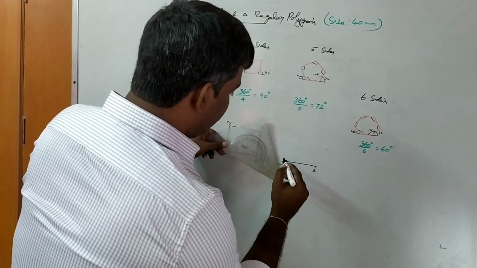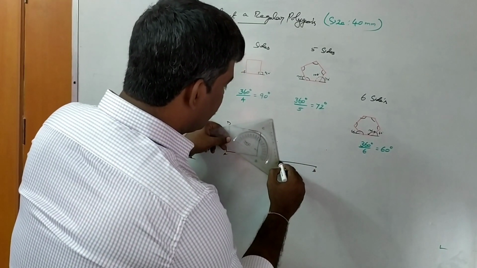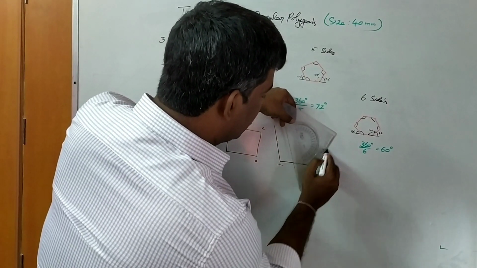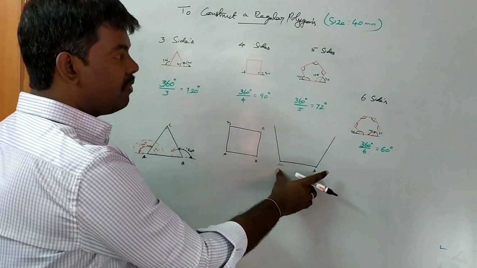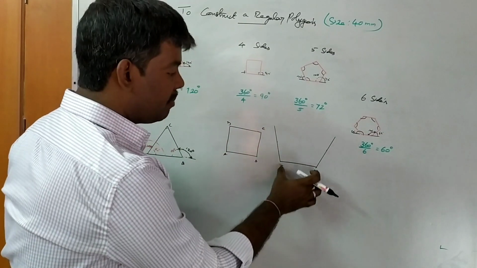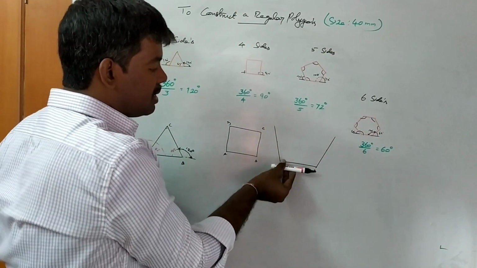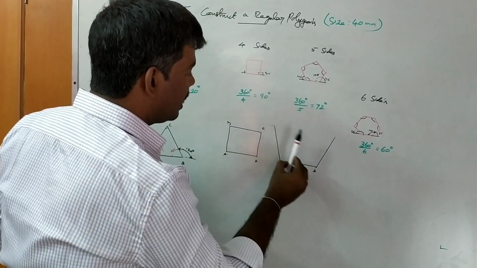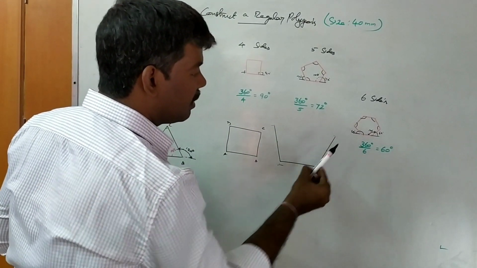So you draw the line, and here also you draw the line. How much is the size? 40. So you take the same 40 with the compass and measure the size. This is the 40 size. From A you mark it, from B you mark.